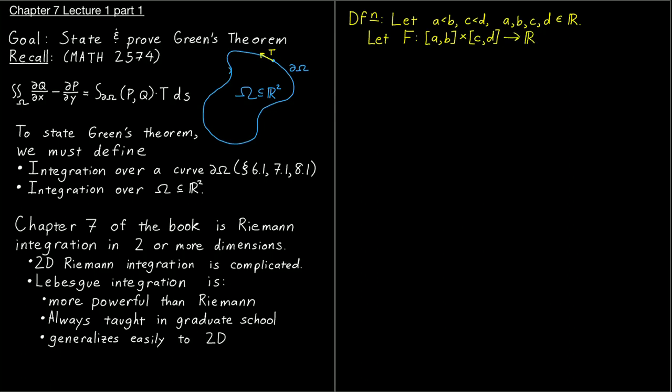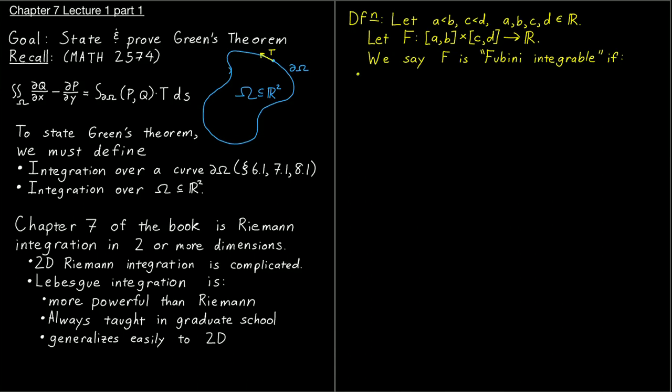It's a function from the rectangle to the real numbers. And then we say that F is, and I'm going to put this in scare quotes, "Fubini integrable" if the following long and annoying list of conditions is true.